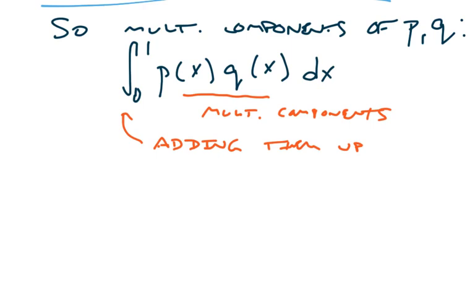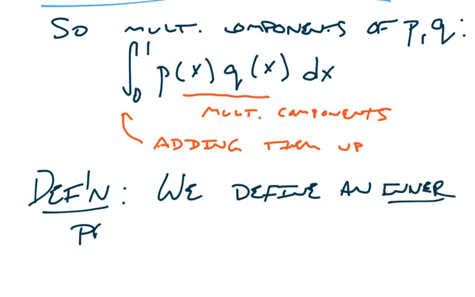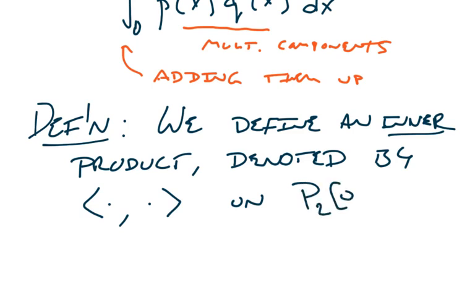Alright, so this is an important thing for us. I'm going to call this a definition. We define an inner product, which is denoted using angled brackets, on P2 of 0, 1.